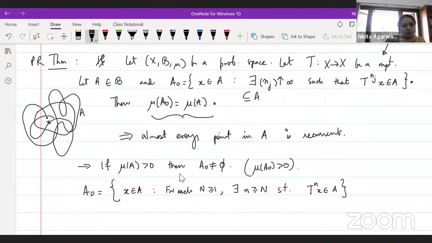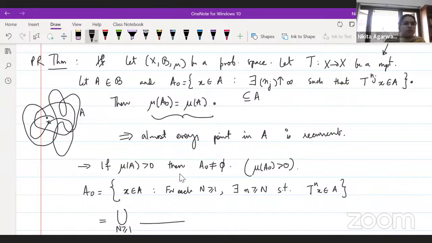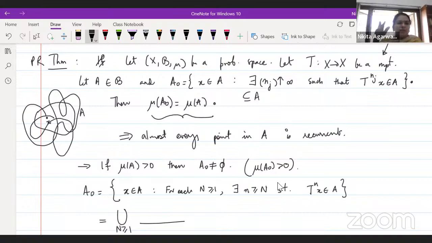You can write it as union over N of something. And using some measure theoretic arguments, you can immediately show that the measure is positive, using those monotone convergence theorems. That's basically the proof.